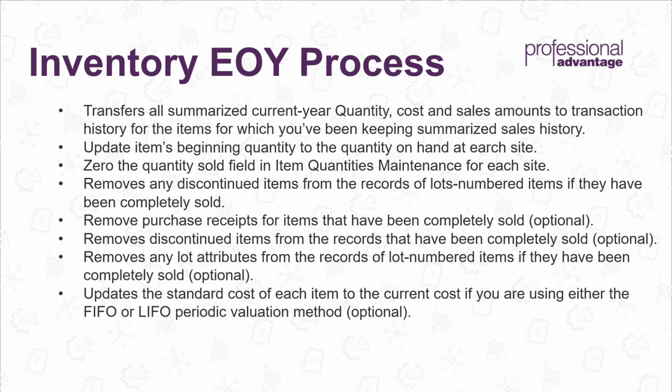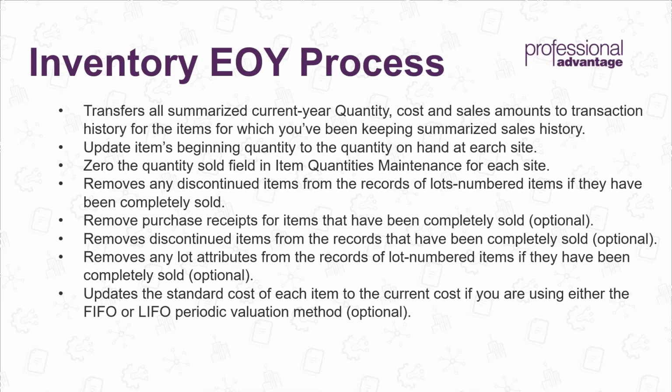It will be removed if you have sold the item out. And update the standard cost of each item to the current cost. And this is if you are using the FIFO or LIFO periodic valuation method. And again, that's one of the options you can tick as part of the inventory end of year process.